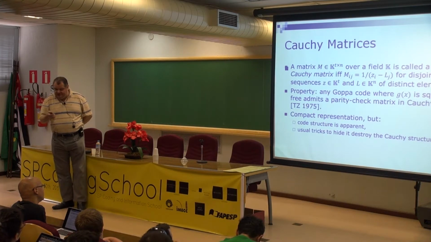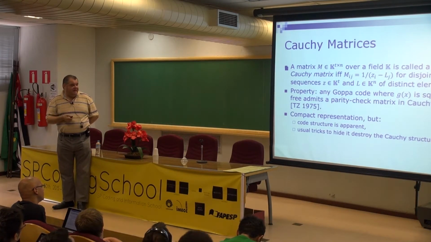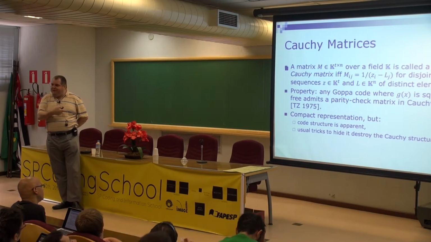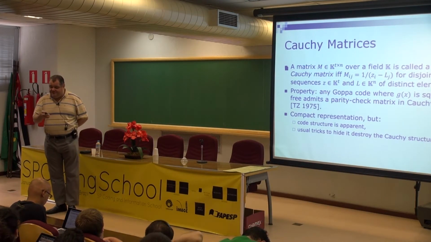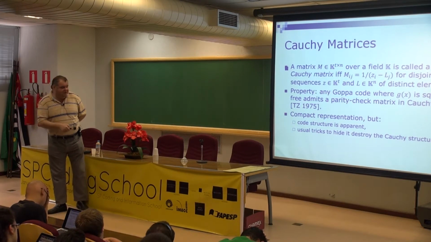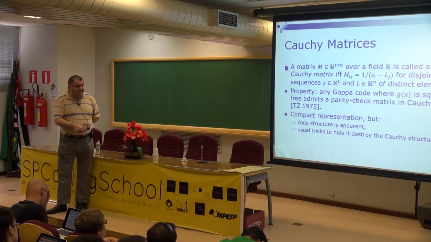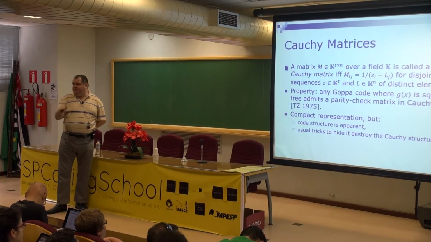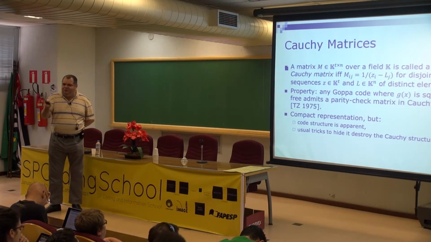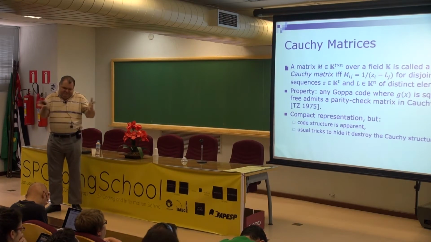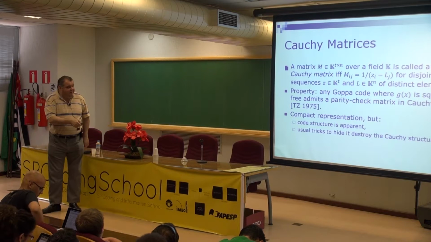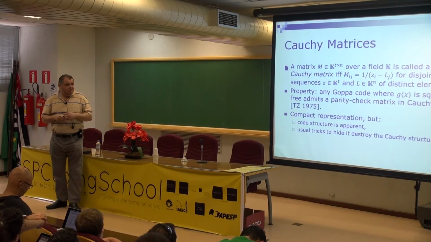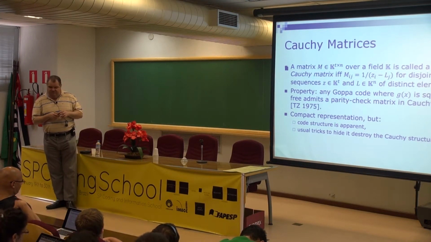There are problems in choosing a Cauchy matrix, parity check or generator matrix for a Goppa code in cryptographic applications, in that the code structure is apparent. We can pick a few elements of the Cauchy matrix and solve linear systems, or actually solve a very simple linear system, and recover Z and L. So that's bad.